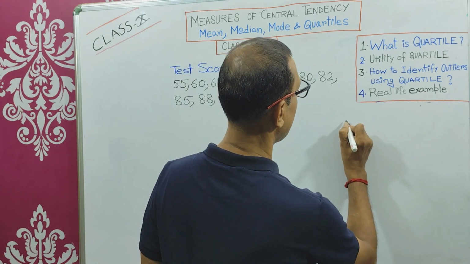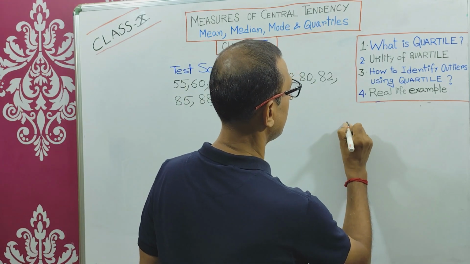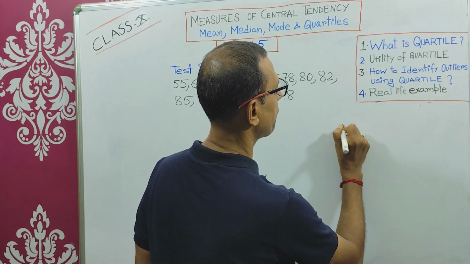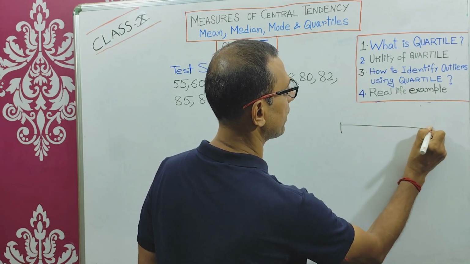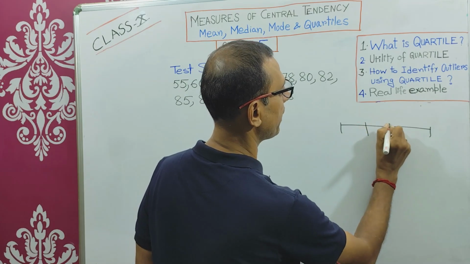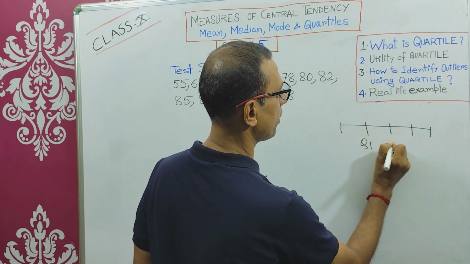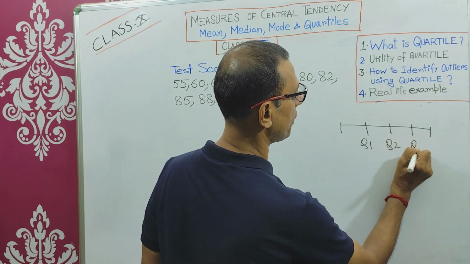We have seen that if this is the data set and we have divided it in 4 equal parts, it is Q1, Q2, Q3.